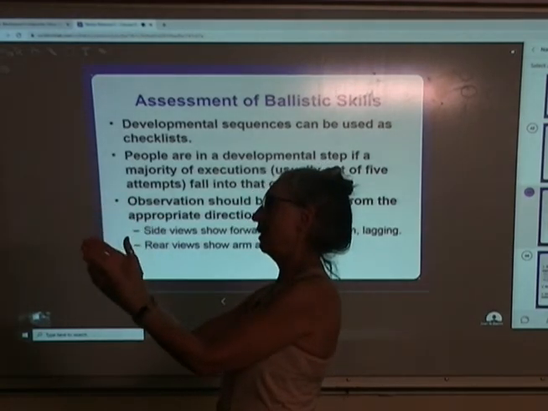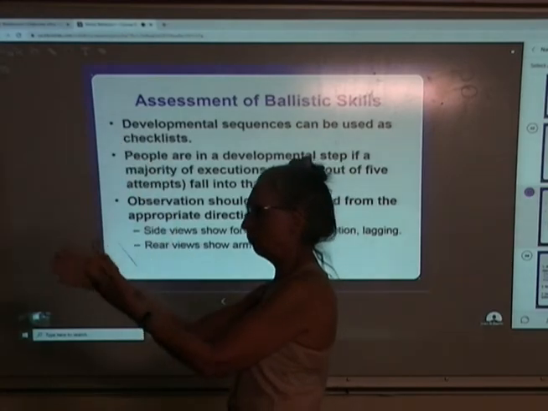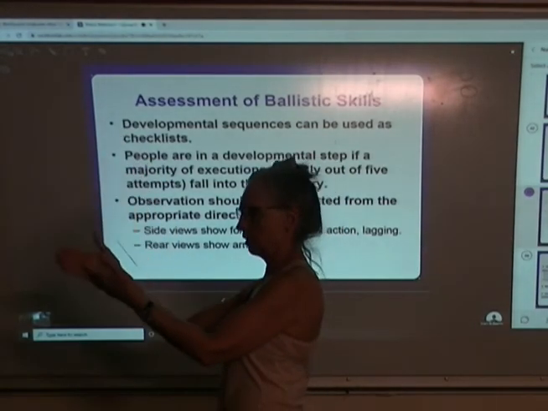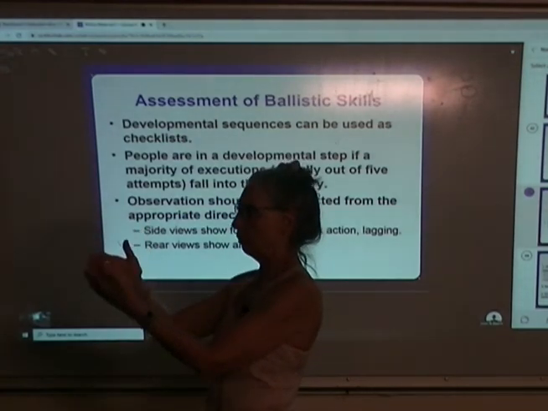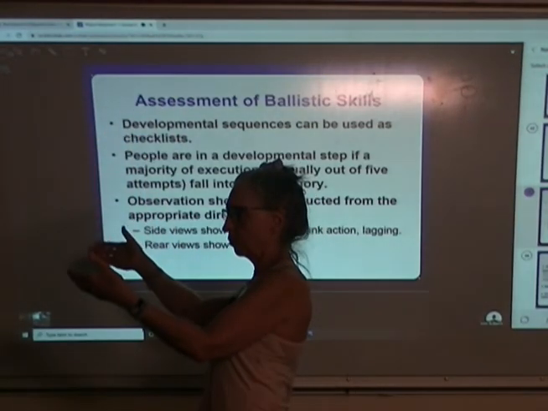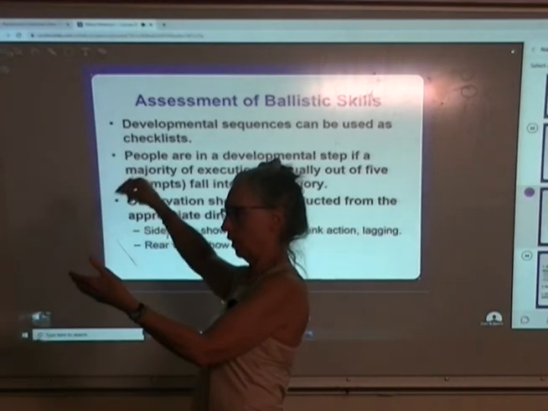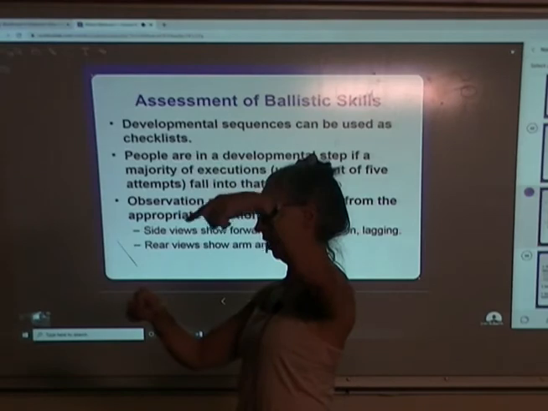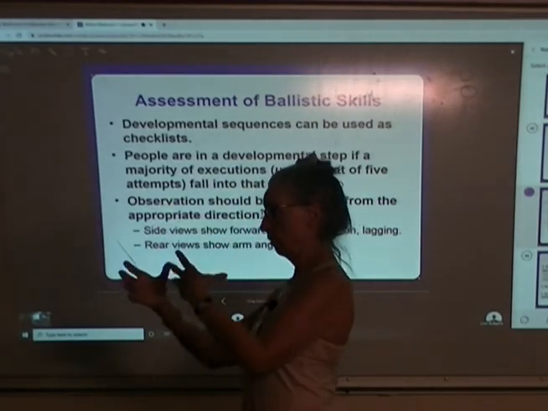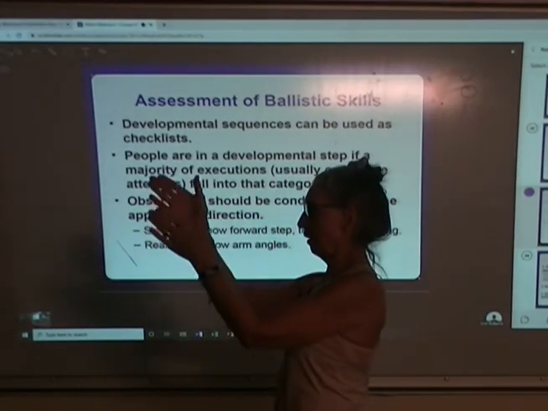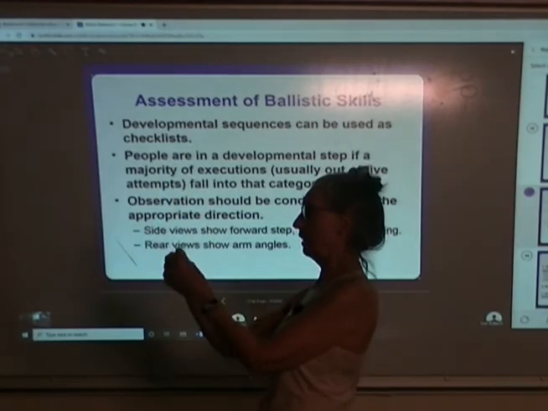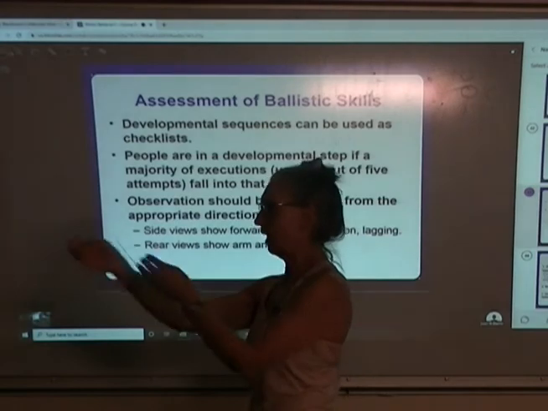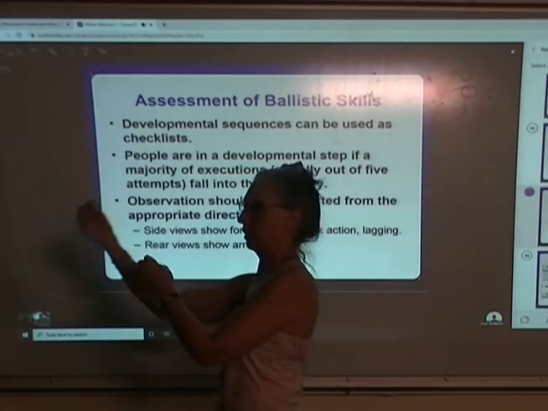That means I can provide developmentally appropriate tuition to move them to the next level. Right? Remember, we can't jump levels. So there's no point in me coaching and teaching this if what I have is this. Right? We've got to be able to understand what's the next thing that's going to happen. That's the thing I want to coach. Right? And then when I get that, I pick the next thing that's going to happen.